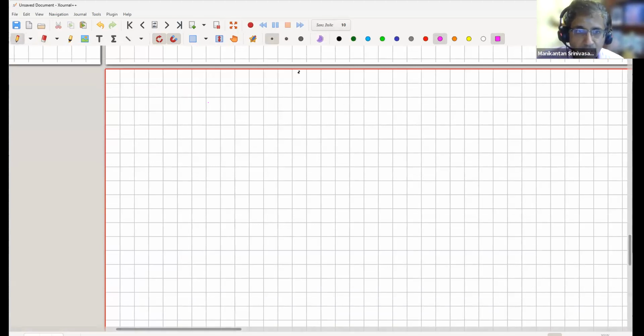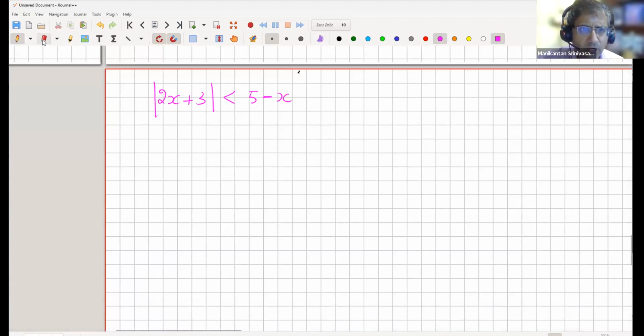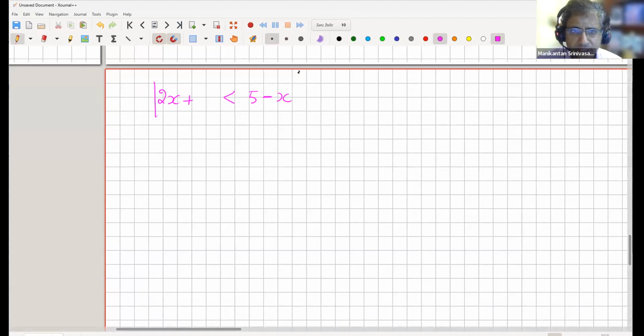So suppose I have 2x plus 3 is less than 5 minus x, something like this. In fact, I'll give a little bit rounder number so that it's easy, otherwise we'll be spending a lot of time on fractions. I'll just say 2x plus 6 less than 5 minus x. Now, how do we approach where things are mixed?